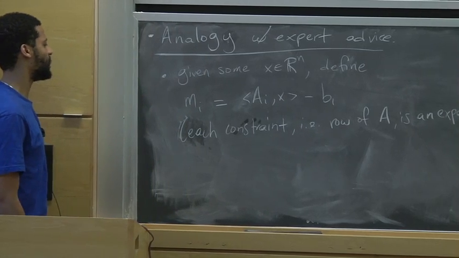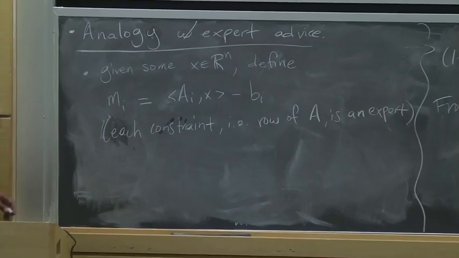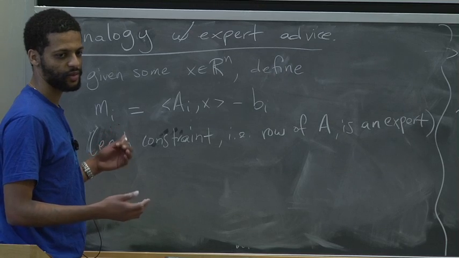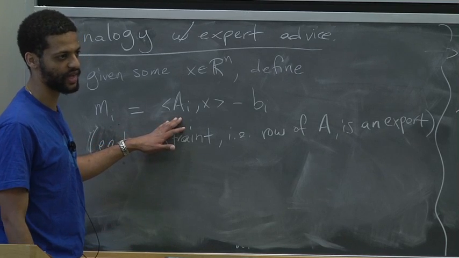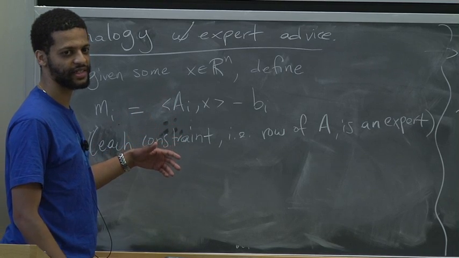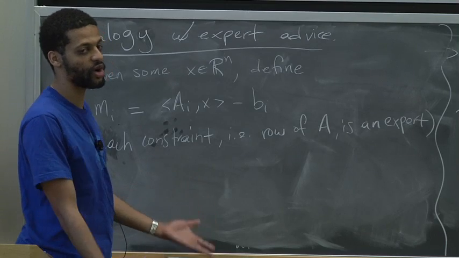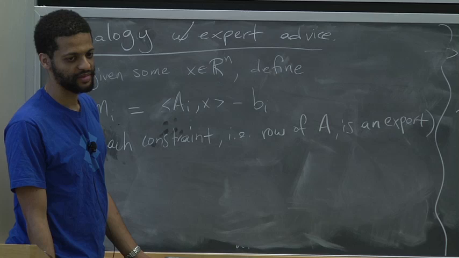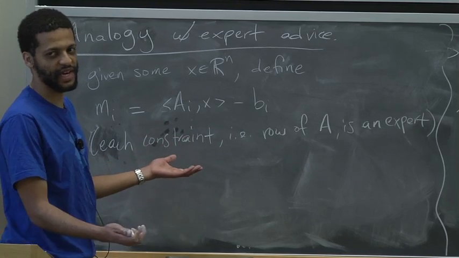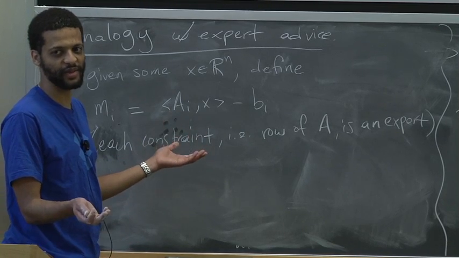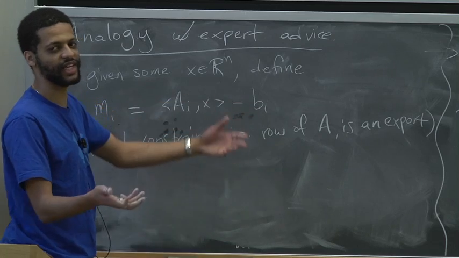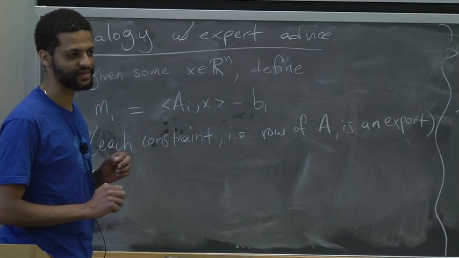And it looks weird because positive MIs were supposed to correspond to mistakes, whereas here a positive MI means we're actually satisfying this constraint, right? But you should think of the experts as telling you whether or not they think constraint I is hard. So if it's positive, then you've satisfied the constraint, so it's not really that hard. And the more you've satisfied it, the bigger the slack is, the easier it is, which means the more wrong that expert was.